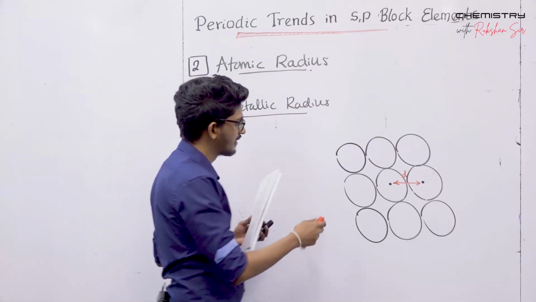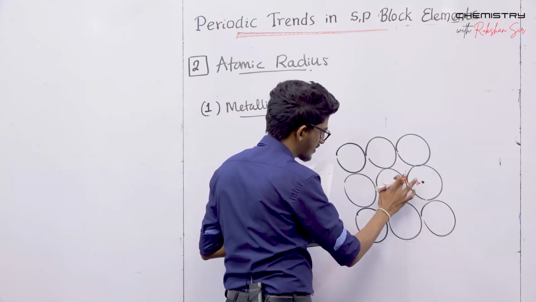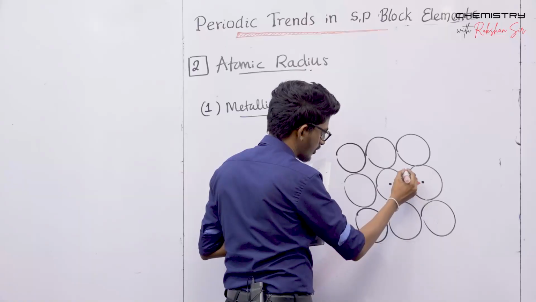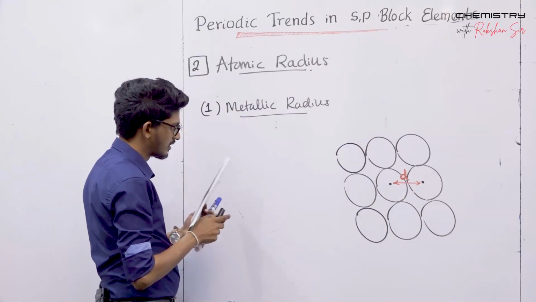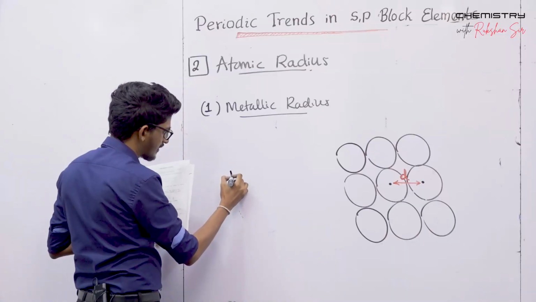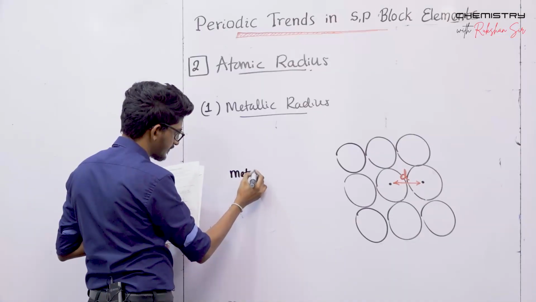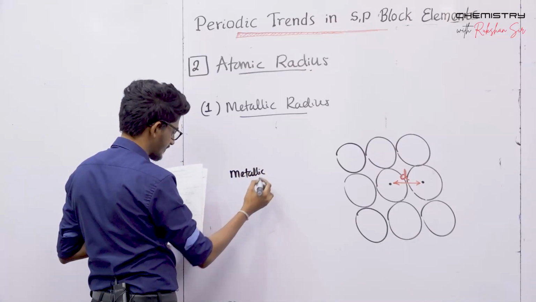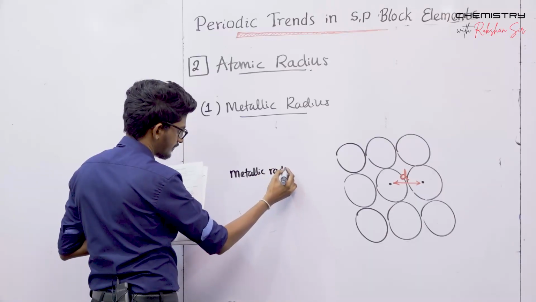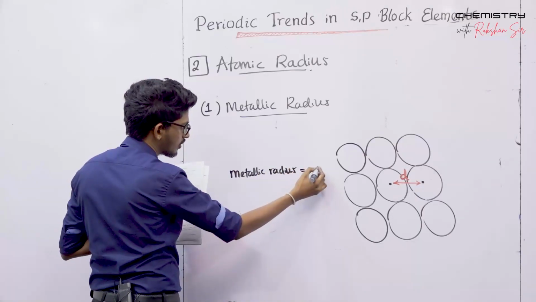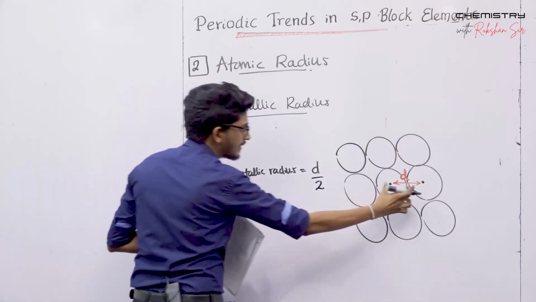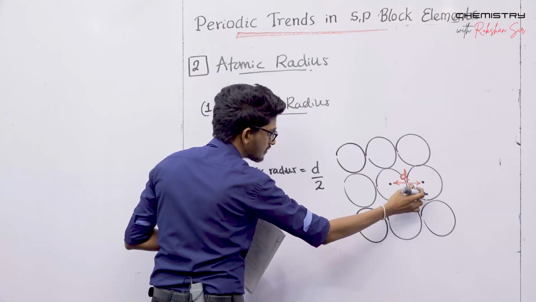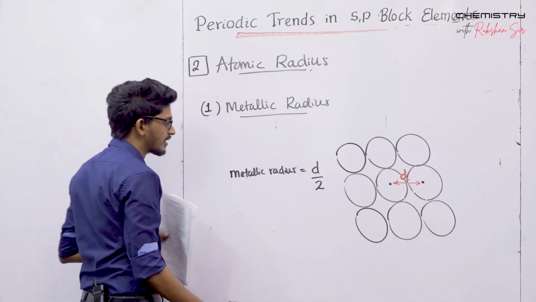So you can draw this picture, and you can write that the metallic radius is actually equal to d over 2. Metallic radius is equal to d over 2. Half of this value will give you the metallic radius, right?